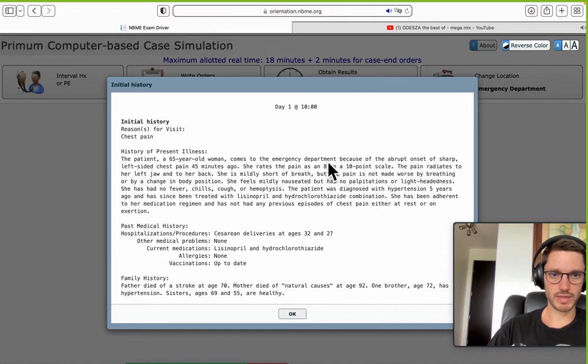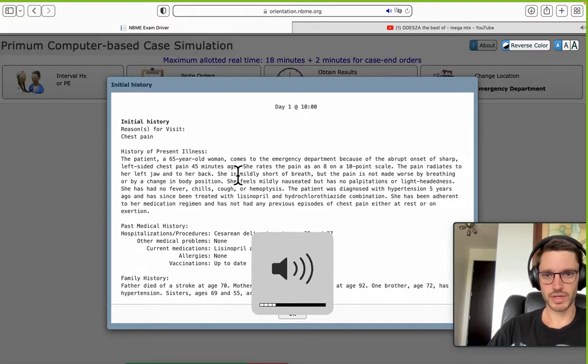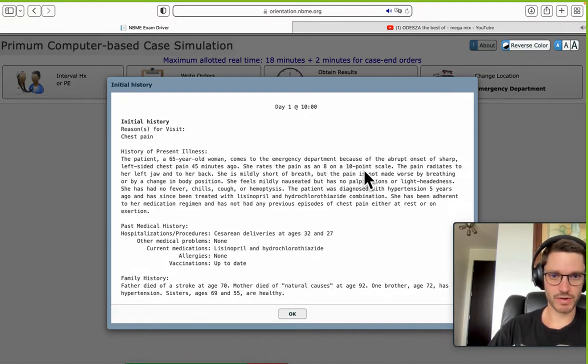65-year-old to the ED because of abrupt onset of sharp left-sided chest pain 45 minutes ago. She rates the pain as an 8 out of 10, severe. Let's see if we can underline. No, we can't. The pain radiates to her left jaw and to her back. This seems coronary a little.